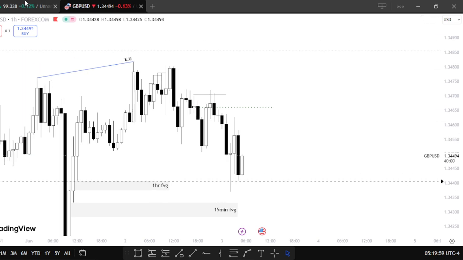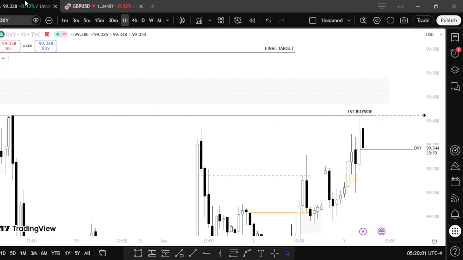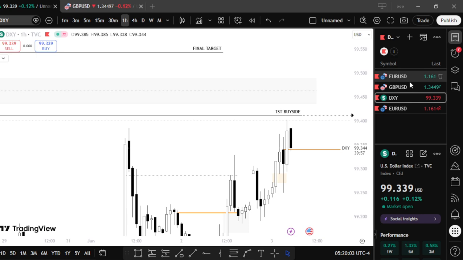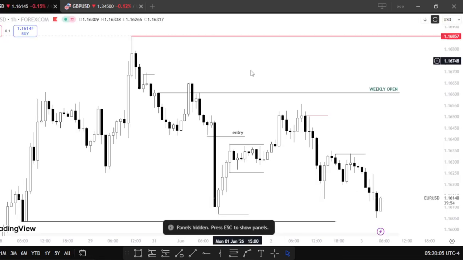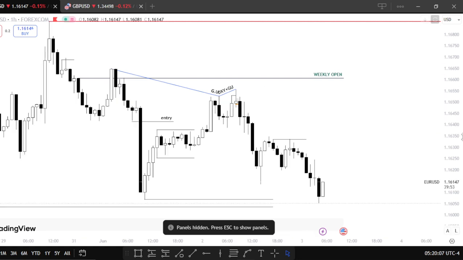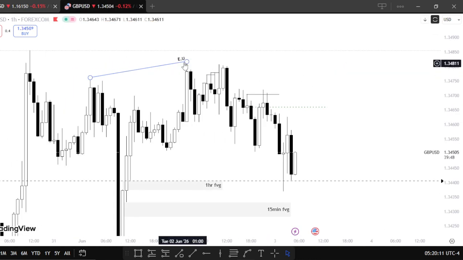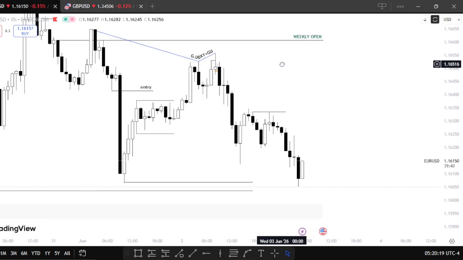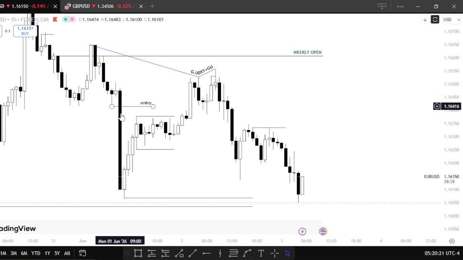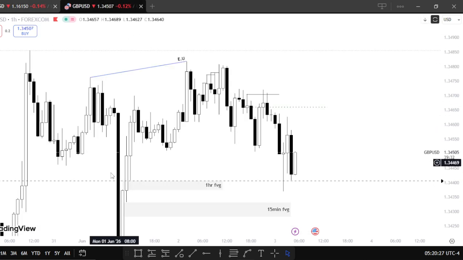Anyway, we were here. Okay, let's go and put this one here. So this is the 1 hour time frame. We took this and we should reverse based on a situational trade, and the bias here is so bearish. This is the big candle here, and this is the big candle here.